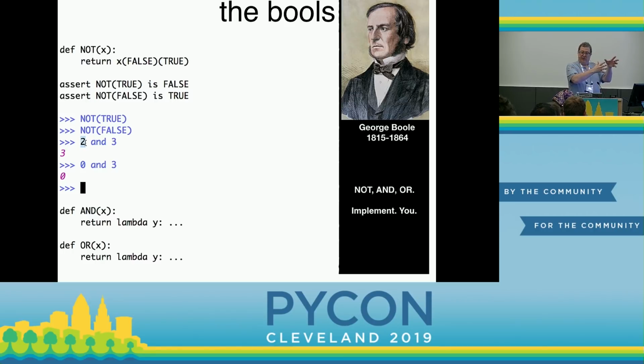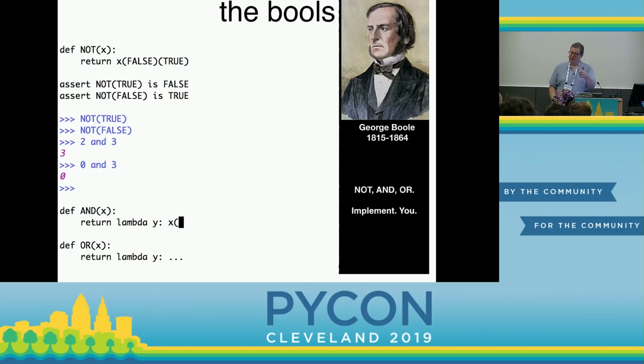If the first thing is true, the only way you know whether it's true or false is to look at the second value. If the first thing is false, like 0, then you're just done. You know that it's false, so what comes back is 0.